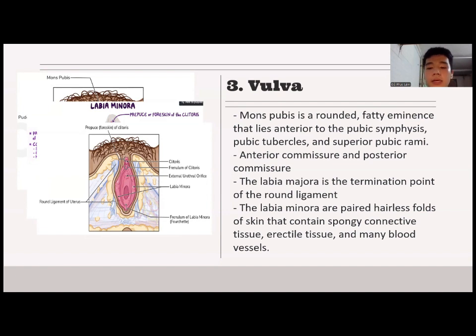The labia minora are paired, hairless folds of skin that contain spongy connective tissue, erectile tissue, and many blood vessels. The labia unite posteriorly to form a fold of skin called the frenulum of the labia minora, or the fourchette.